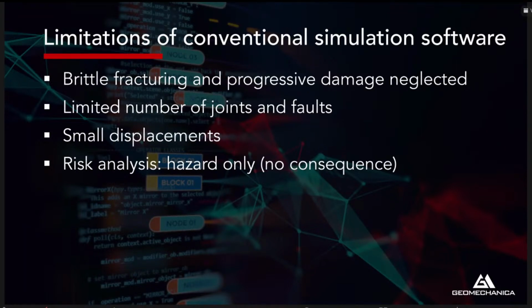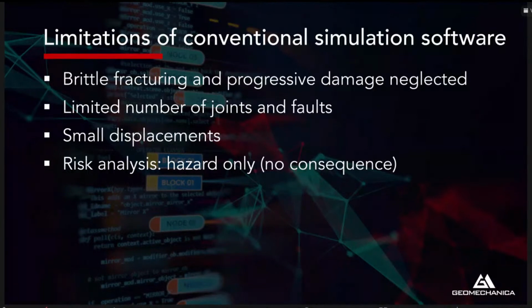In mining, there are cases where we want to avoid fracturing and damage, but there are cases where you want to damage the rock. When you're blasting or caving, you want the rock to fracture. So it's of paramount importance to be able to model fracturing accurately and precisely.